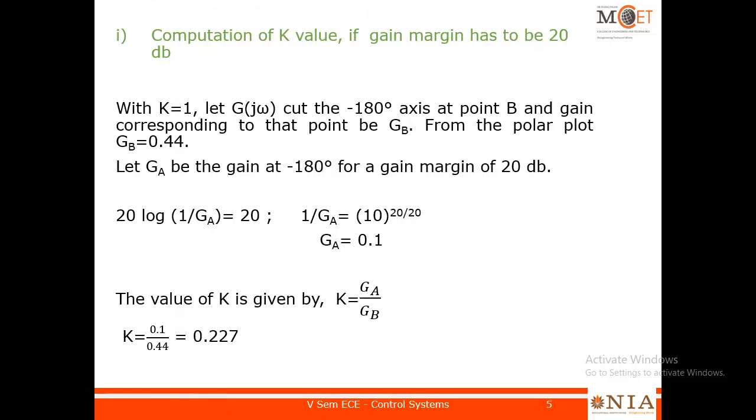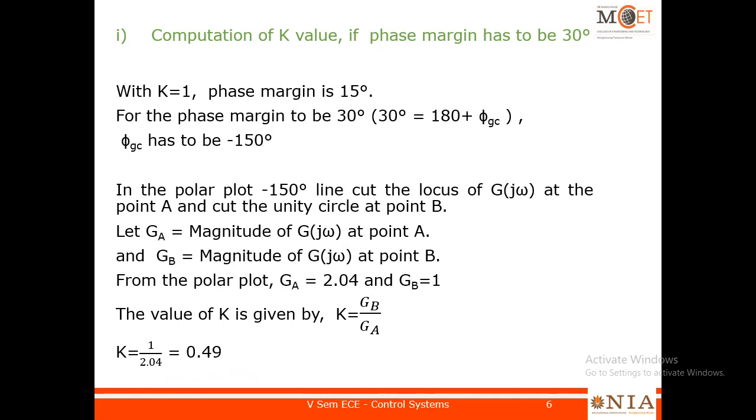So come back here. You substitute 2.04 for GA. GB is always 1. So how to find this K value? GB by GA, that is 1 by 2.04. How to get this 2.04? Where the K equal to 1 plot cuts the required phi GC.